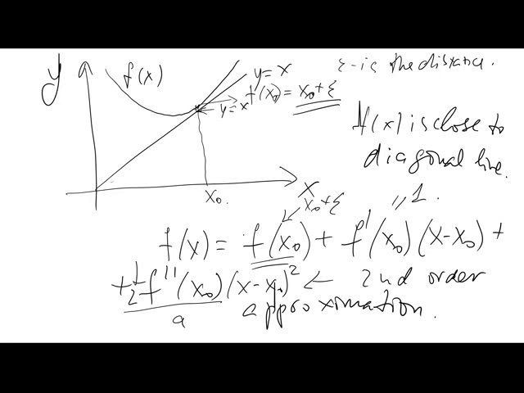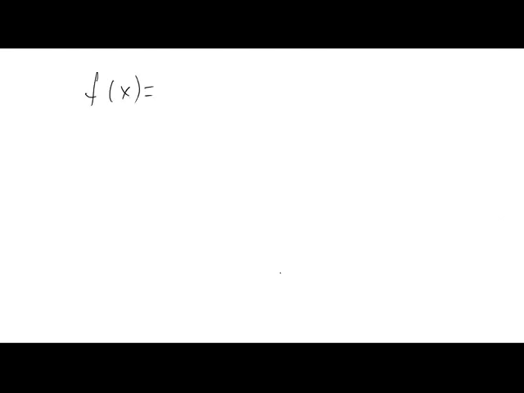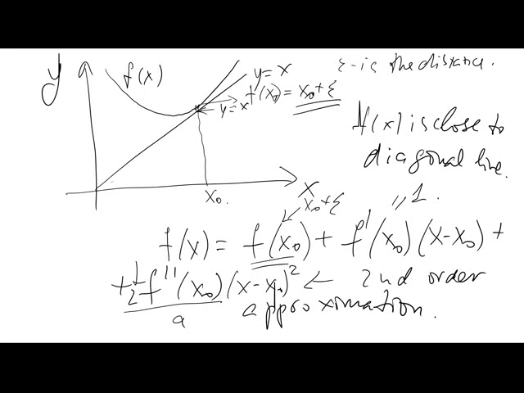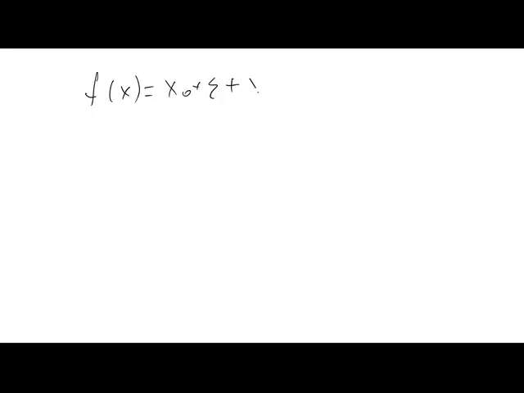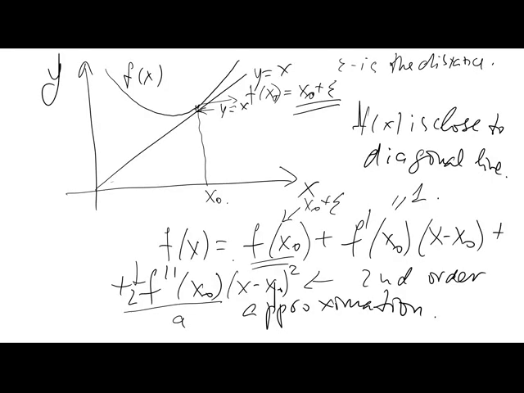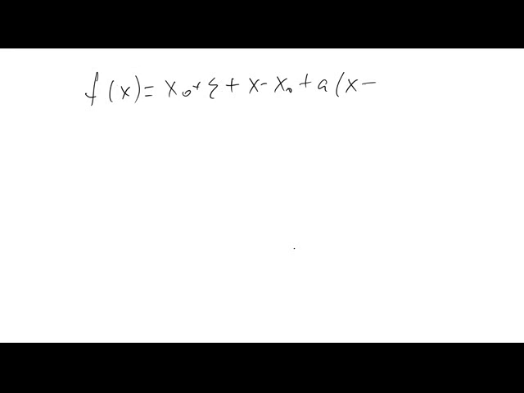So what will we have? We will have f of x, the quadratic approximation, is x naught plus epsilon plus x minus x naught plus a times x minus x naught squared.